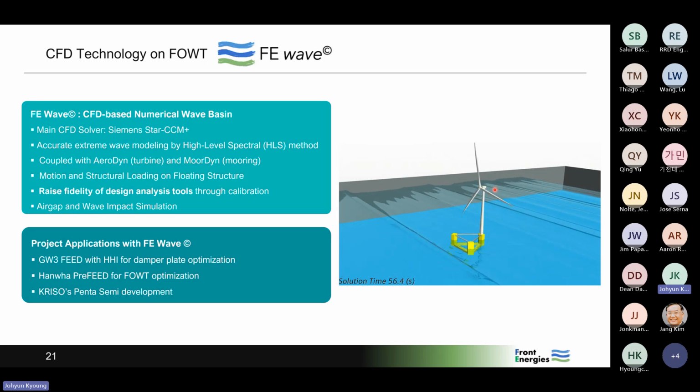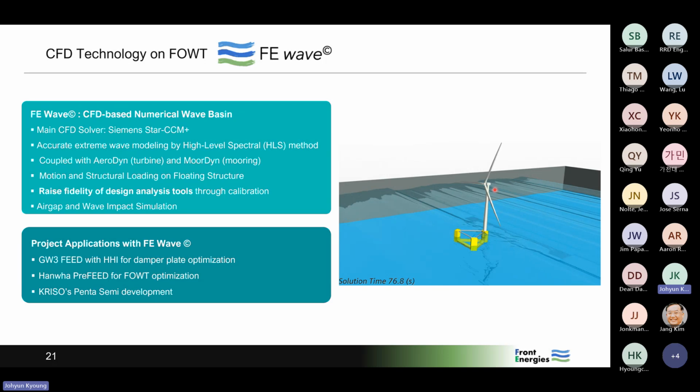So we can do the motion analysis in the CFD wave basin, and also provide the structural loading to the TRUST. With the CFD analysis we can get the hull motion and mooring response, and the structural response can also be obtained. As you know, with this CFD tool there is no missing part, so it can raise the fidelity of the design analysis.